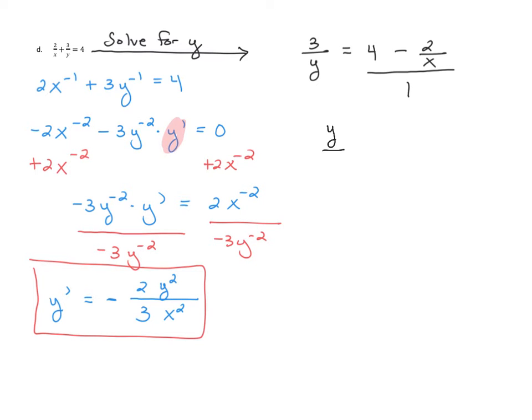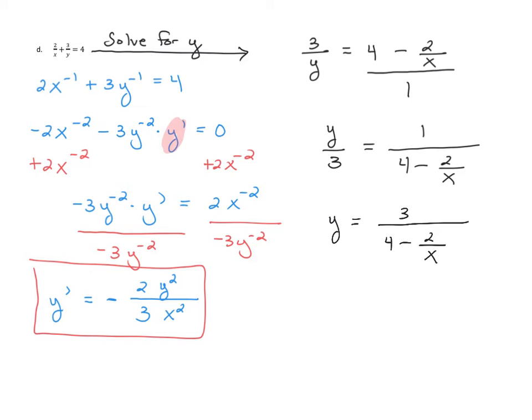So this is y over 3 is equal to 1 over 4 minus 2 over x. To get y by itself, I'm going to multiply both sides by 3. So I get that y is equal to 3 over 4 minus 2 over x.